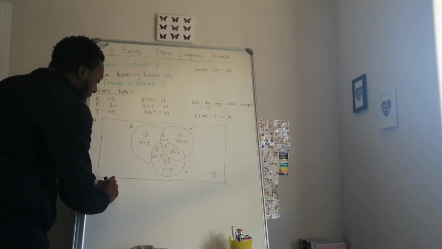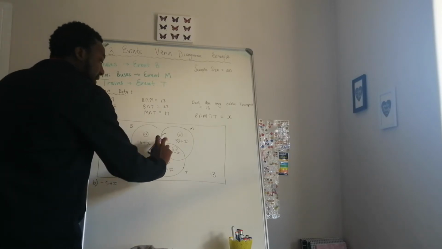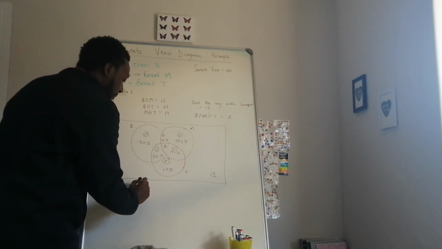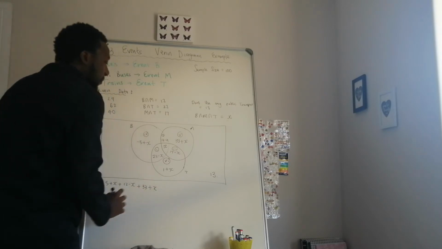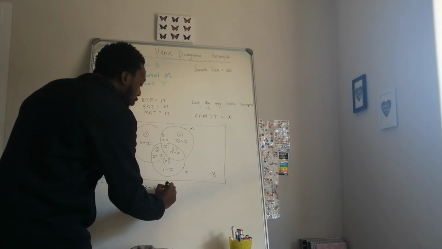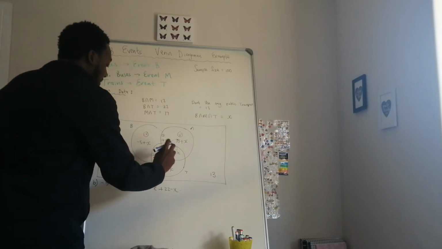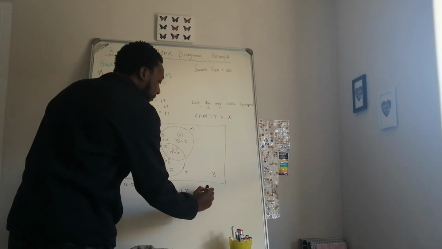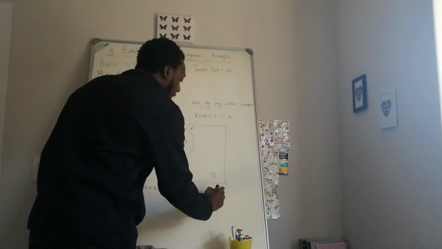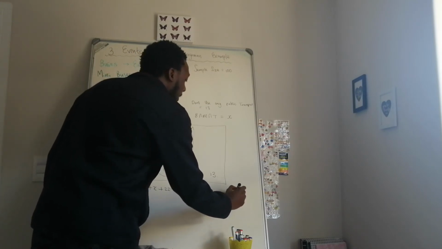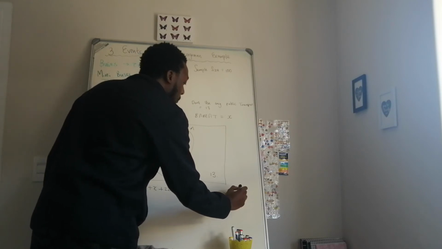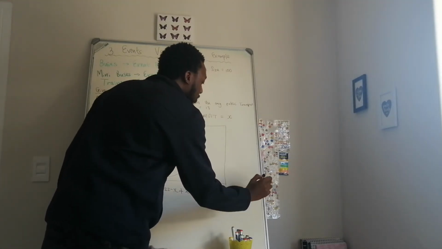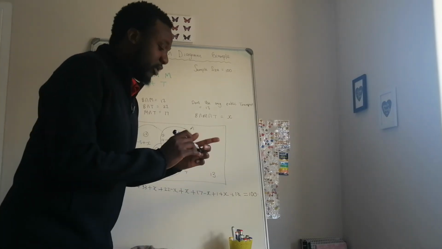I'll say negative 5 plus x plus that space there, 12 minus x plus that space there, 33 plus x, then that space there, 22 minus x, add that space there, just x, add that space there, and then lastly the 13, the ones that don't use public transport, and all of this will give us 100 students, right? It's a long equation.